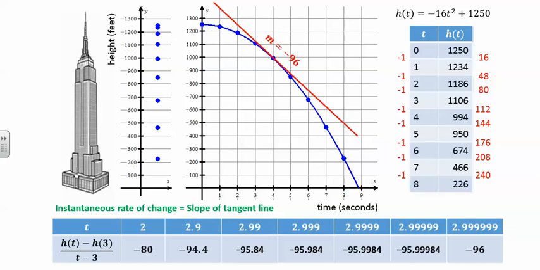Now, amazingly, this process of taking the ratio of change in distance over change in time with smaller and smaller time changes works out perfectly mathematically as well. But it involves a construct known as a limit. And this is something we'll cover in more depth shortly, so we can only discuss it briefly here in an introductory way. How does the math work?